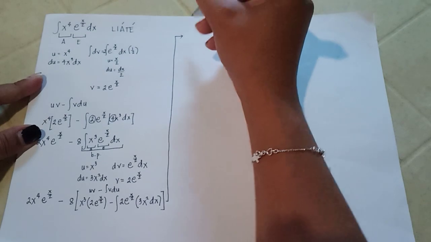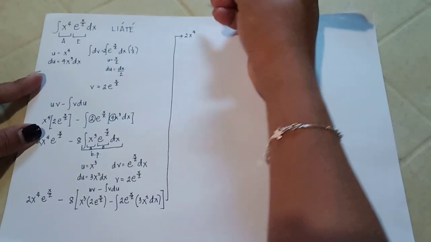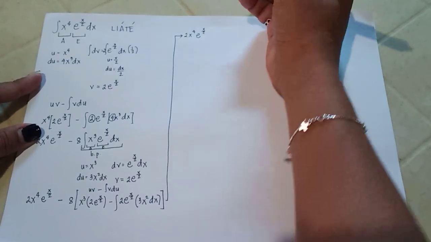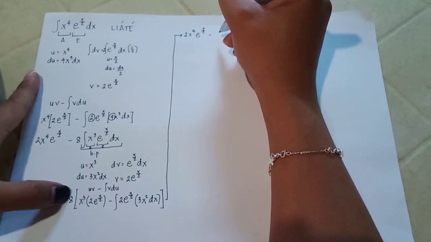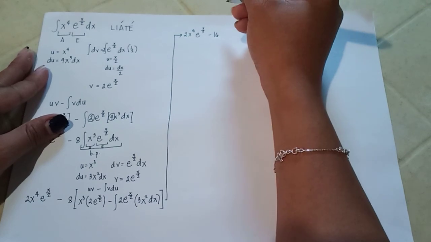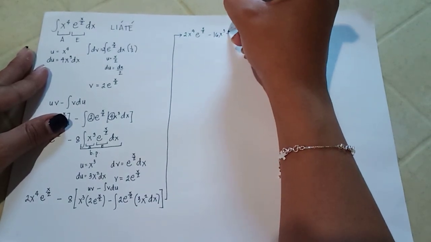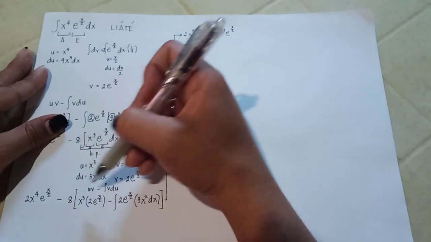You will now have 2x raised to 4 e raised to x over 2 minus, this is 8 multiplied by 2, you will have 16, right? Multiplied by x cubed, then e raised to x over 2. Then distribute this one again.